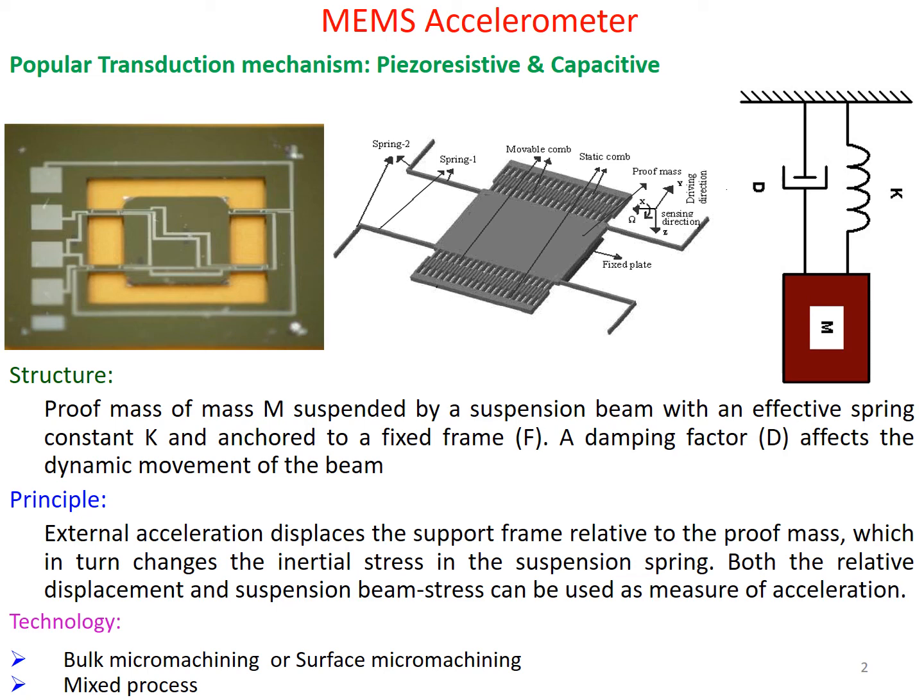Now since we are talking about MEMS based sensors, whether piezoresistive, capacitive, whatever the type, typically we can go for bulk micromachining or surface micromachining technology to fabricate this type of accelerometer device. We can also have some mixed process which combines both bulk and surface micromachining together.